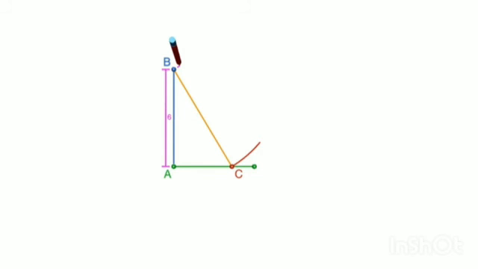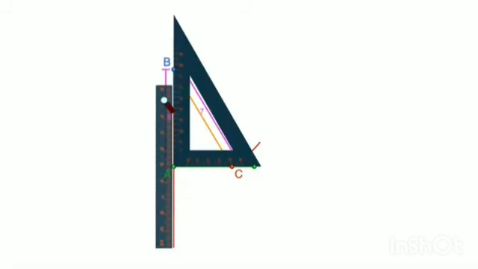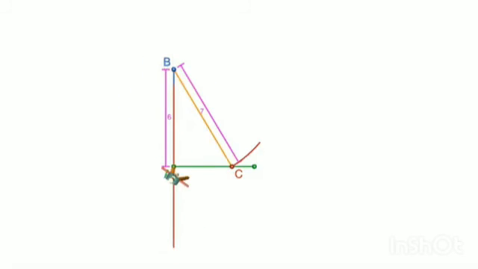Now let us draw a square with AC as one side. For that, extend BA. Take AC in the compass and draw an arc on this perpendicular line. Mark the point of intersection, let it be M.